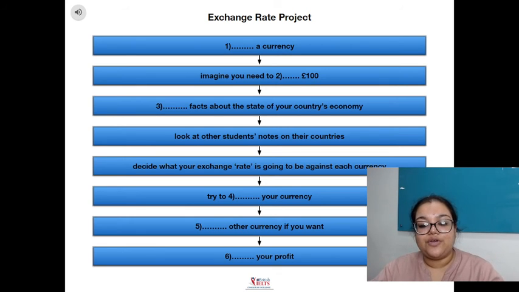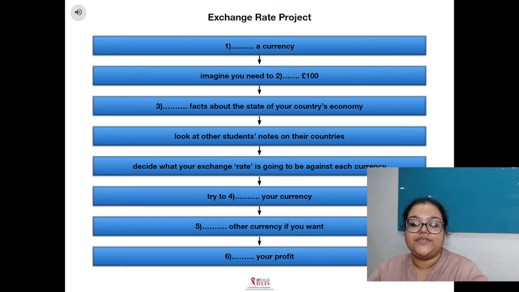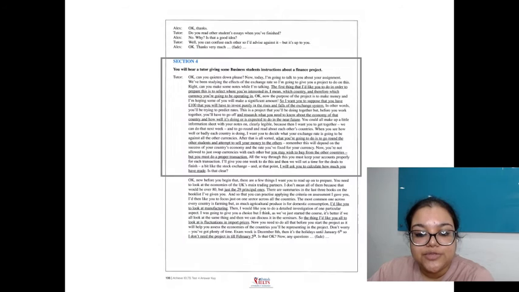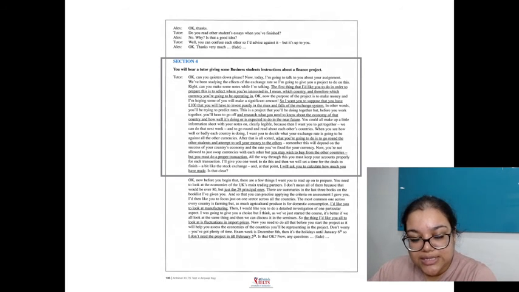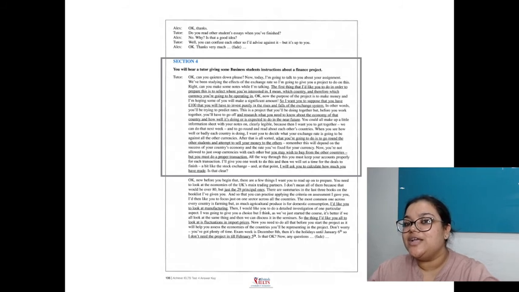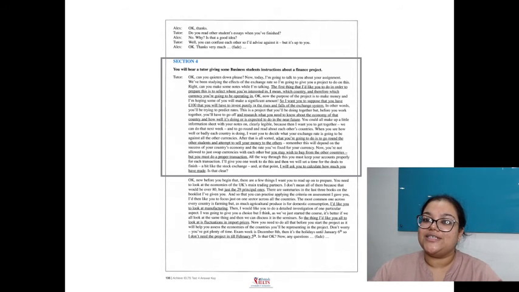Now let's take an example of the last one. Here, after a lot of steps, they say "dash your profit". The keyword here is profit, and instead of profit they can use some synonym as well. So let's look at the tape script and figure out what kind of words they have used. If you come to the last line of the section I have marked out for you, it says, "I will ask you to calculate how much you have made." Is that clear? In this statement, "how much you have made" translates into your profit.